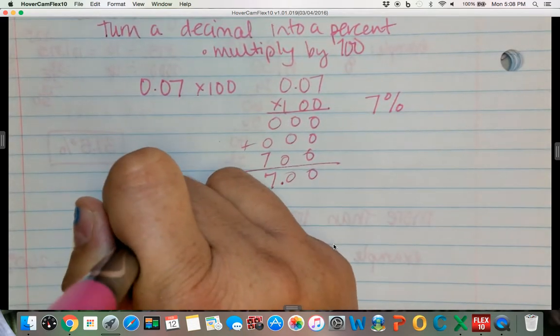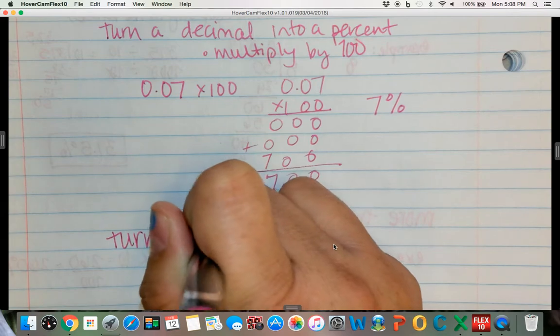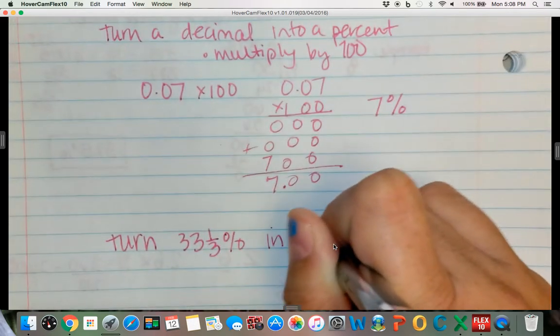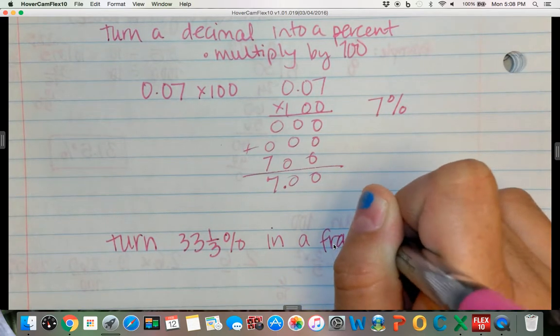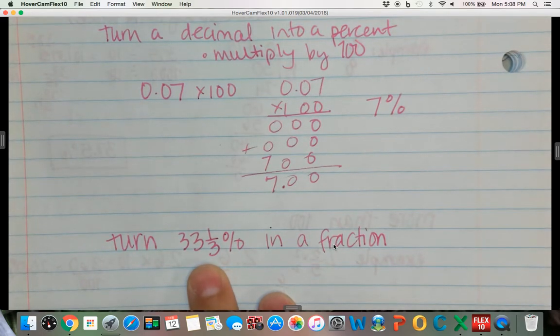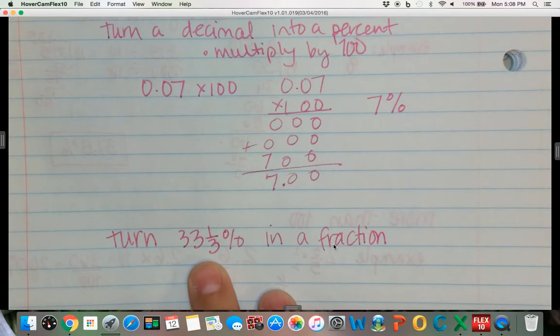Let's do this one. Turn 33 1/3% into a fraction. This is a percent. I want to turn it into a fraction.